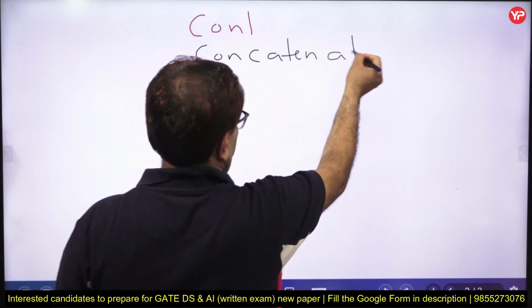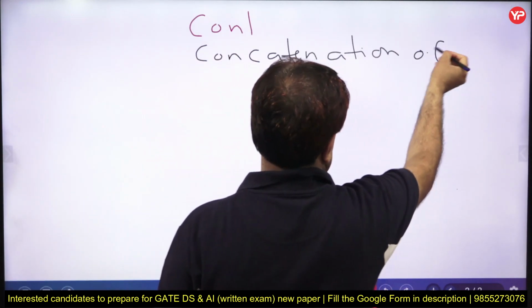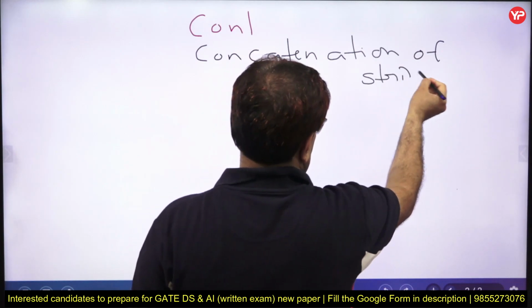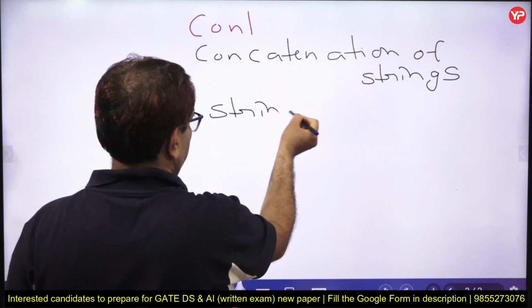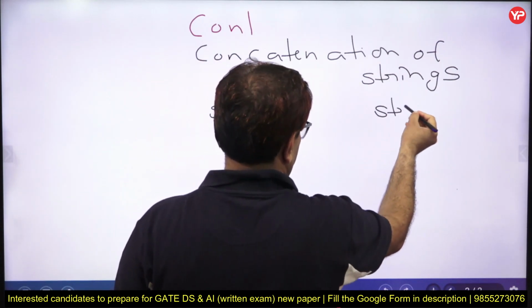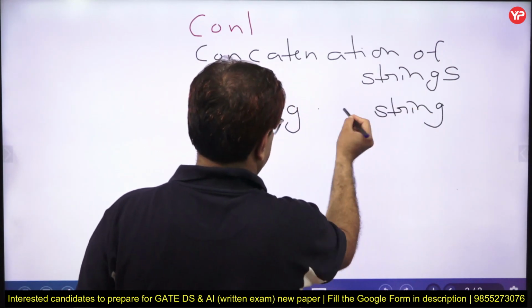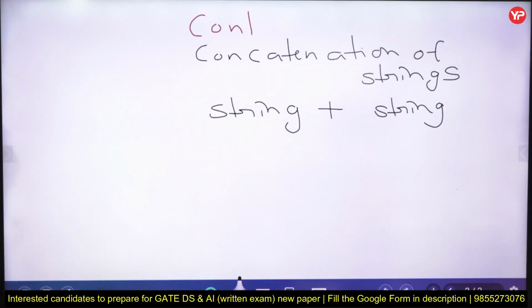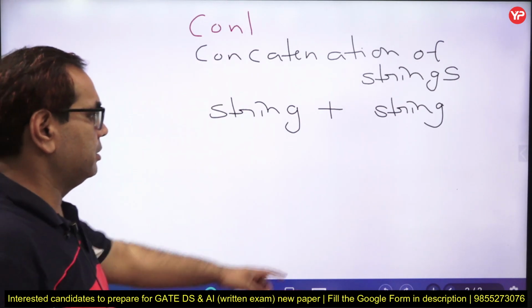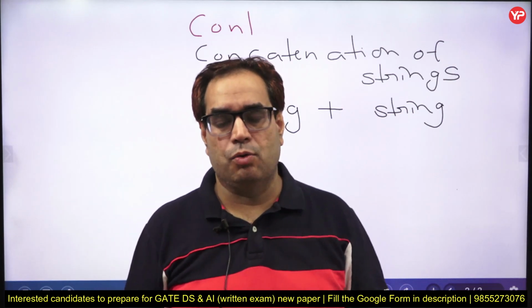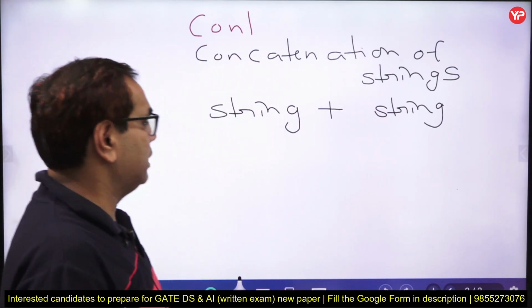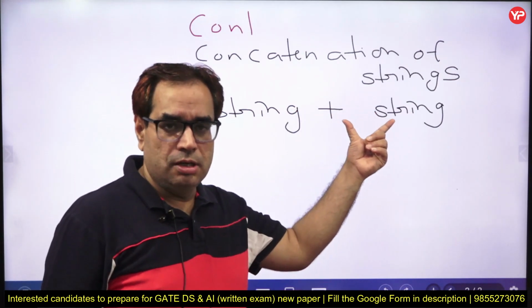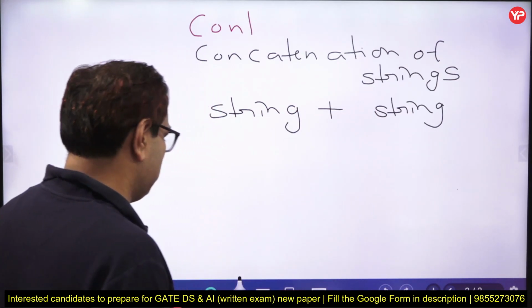If we have a string and another string, two strings actually, and we use a plus sign here, now this is not an arithmetic addition operator, this is the concatenation operator. It is used for concatenation of two strings. So how does it happen?